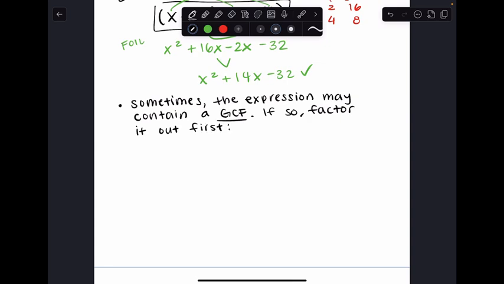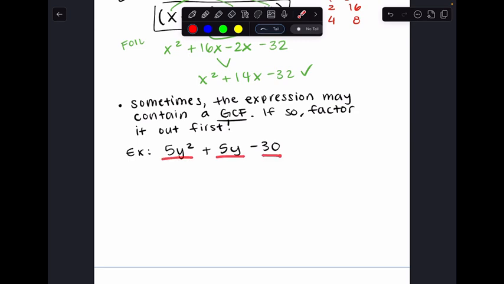So, for example, let's say you have 5y squared plus 5y minus 30. So instead of listing out your factors of 30 from the get-go, you want to go ahead and check and see, do these terms have something in common? I know that there is a 5 in common between each one.